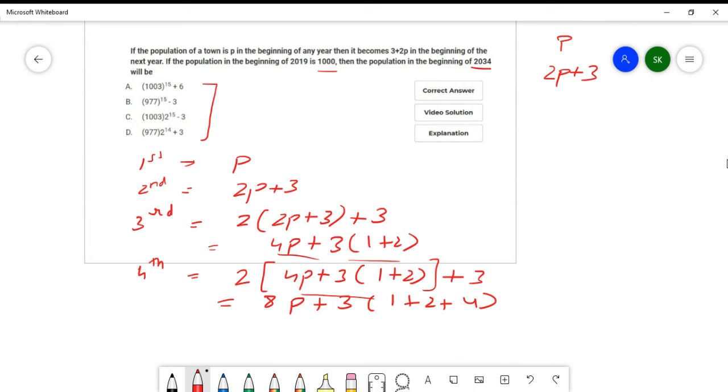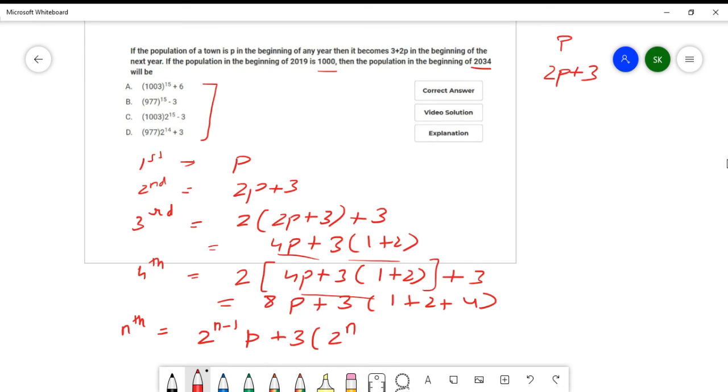So now let's write down the nth term. Nth term means for any number for which this value will satisfy. Okay, so the nth term will be 2 raised to the power n minus 1 into P. I will explain how this n minus 1 into P came.